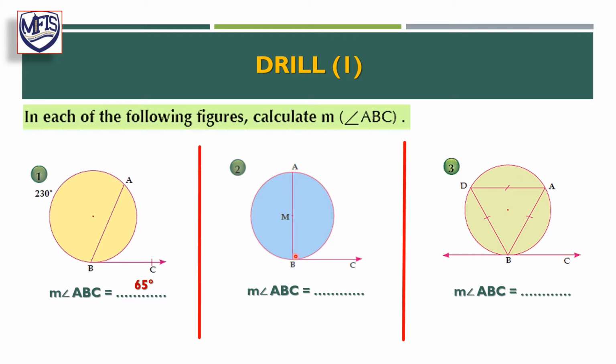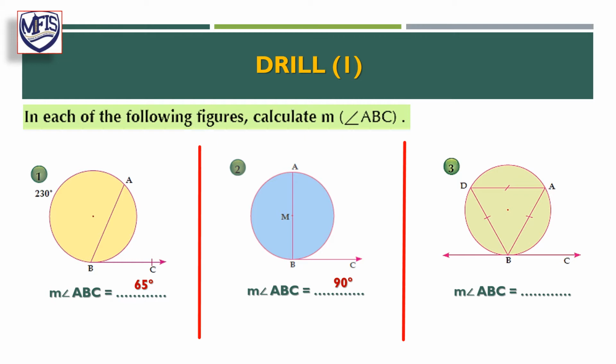Then ABC here is an angle of tangency. Now, measure angle ABC equals half measure arc AB. Arc AB here is half the circle. Then measure arc AB equals 180. Now, measure angle ABC equals half of 180 equals 90 degrees.